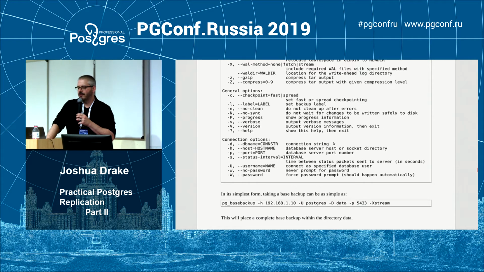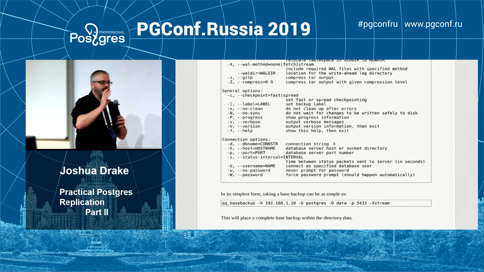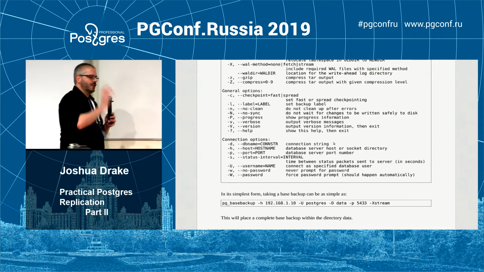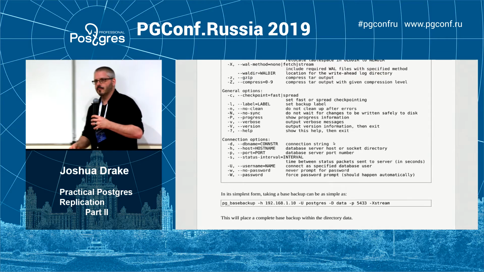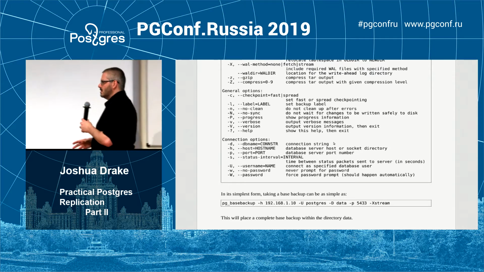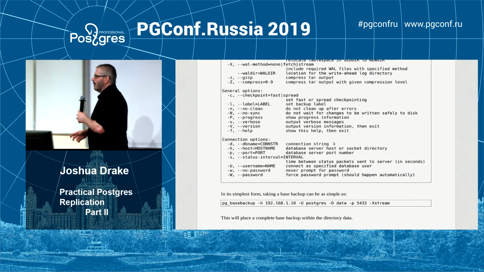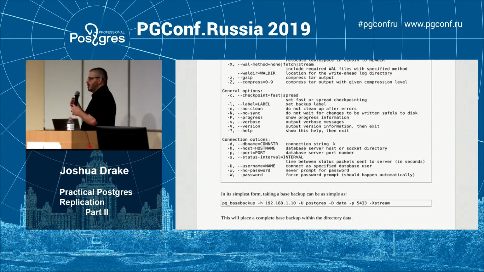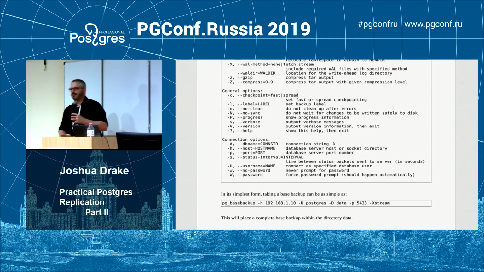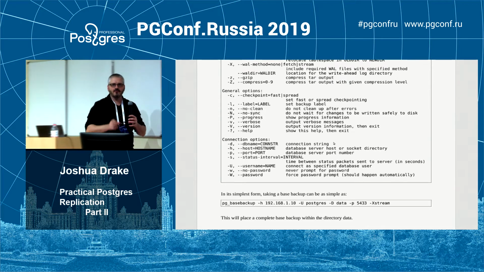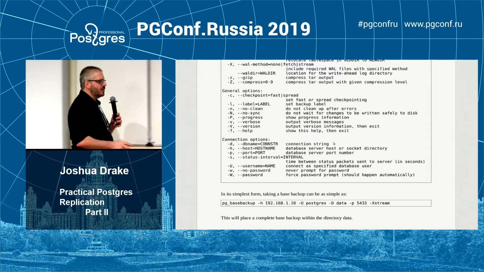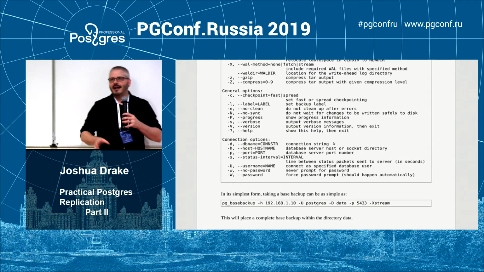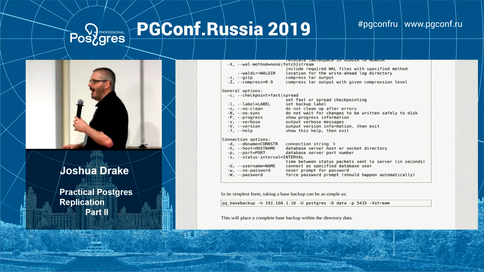General options: checkpoint, fast or spread. This is very important. By default, if you say checkpoint spread, when it starts the base backup, it is going to use checkpoint timeout divided by checkpoint completion target to issue the checkpoint. If you have a checkpoint timeout of 2 hours with a checkpoint completion target of 0.5, it is going to take an hour for your backup to start.